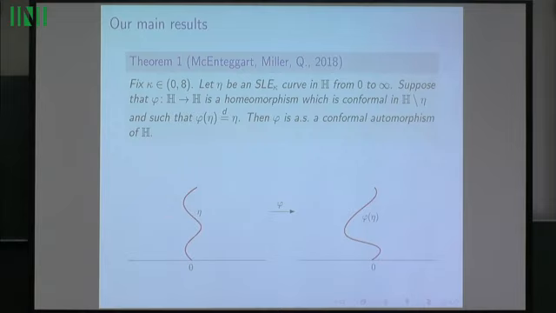And suppose we have a homeomorphism phi, which is conformal on the complement of eta, and such that the image by phi of the curve eta is also an SLE kappa curve. Then we show that phi is almost surely conformal everywhere on H. So this result gives us the uniqueness.